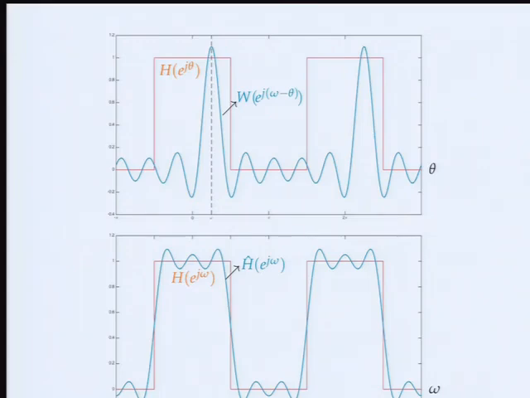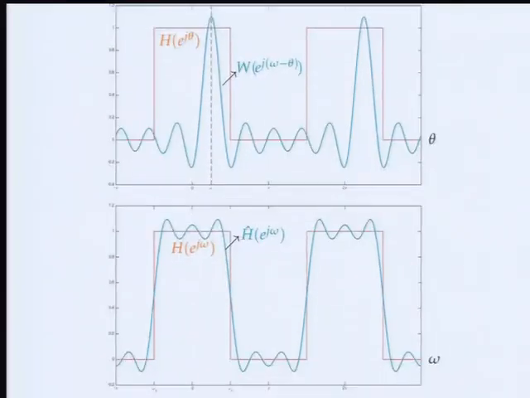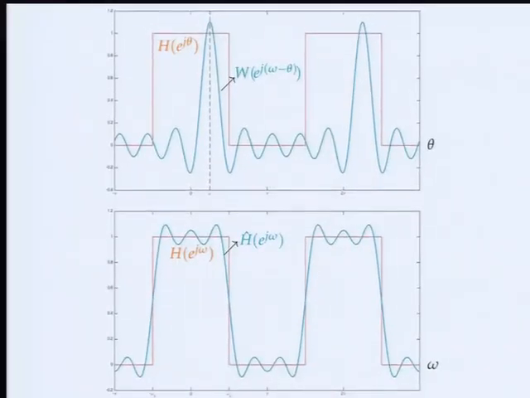And then you keep moving it, change omega, and then the octopus starts moving out of that box. So when you multiply them, less area will be there to integrate. So that's why you start getting these ripples, and also you sharply go down to 0.